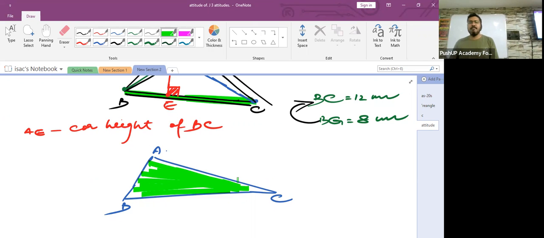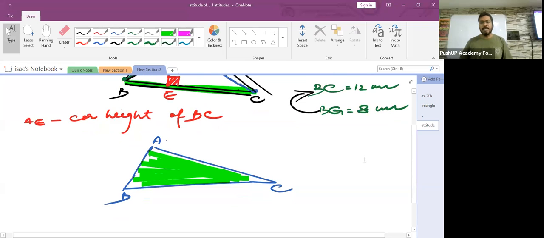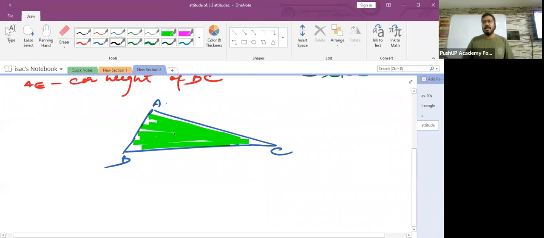So children, the same logic we have to apply here. Remember one thing. Whenever a triangle is given to you, for that given triangle ABC, you are assuming BC as its base.